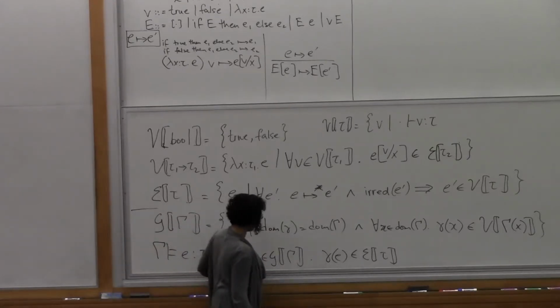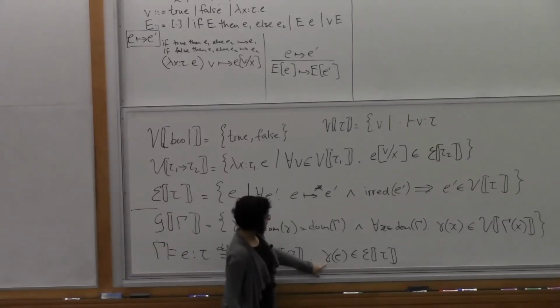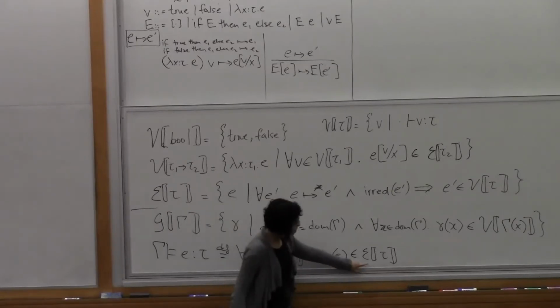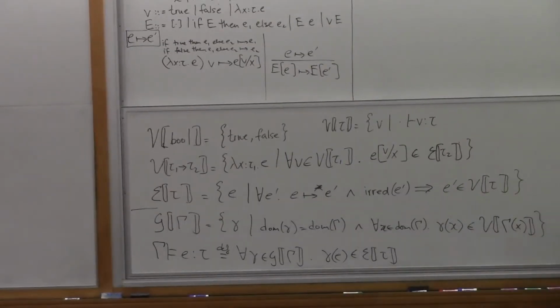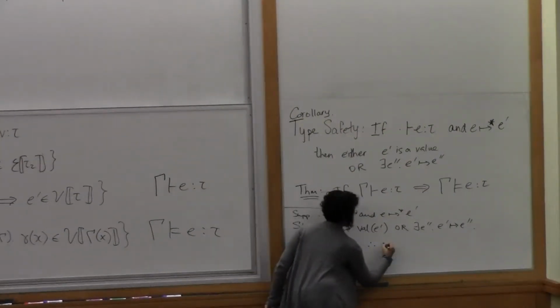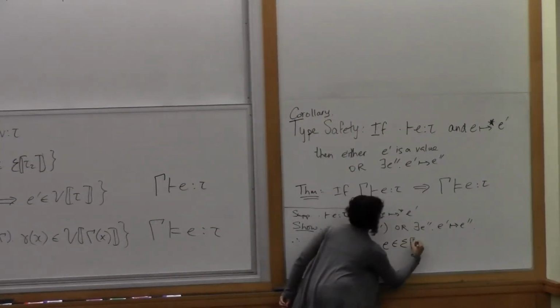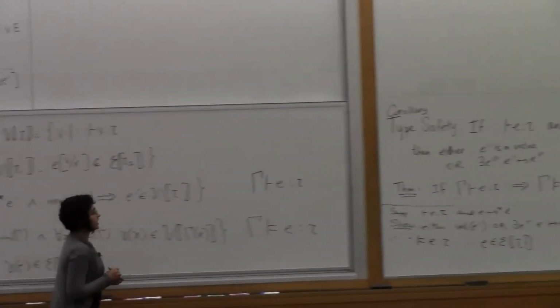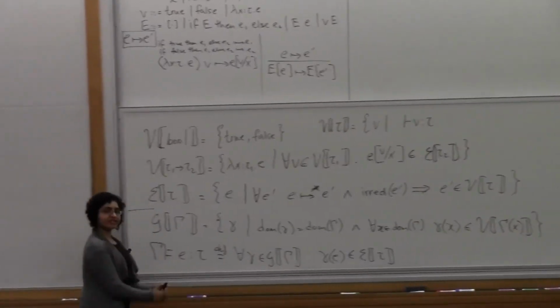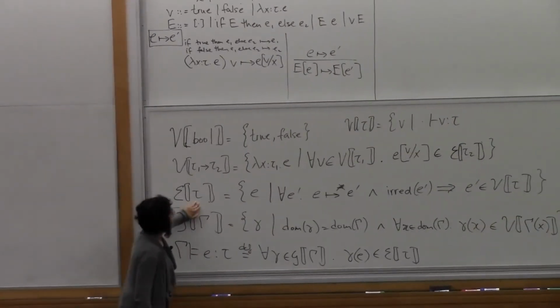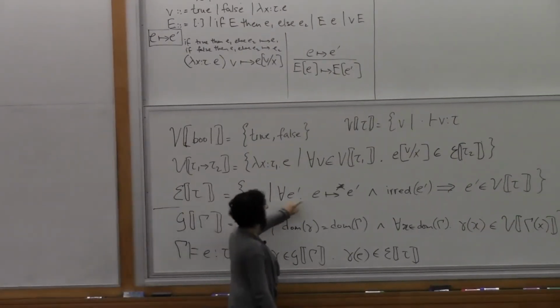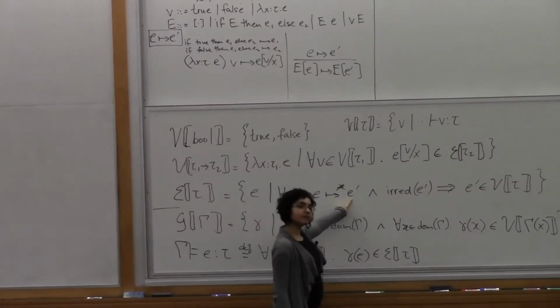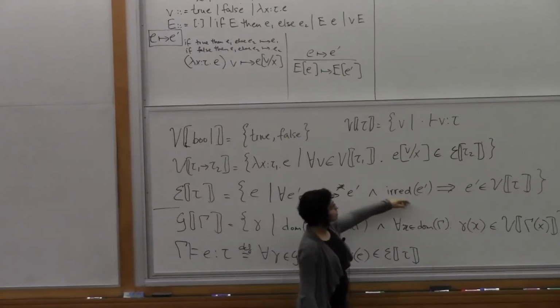So this theorem basically immediately tells us that, gamma being empty, E belongs to E of tau. Okay, let's go look at the definition of that. What does that tell us? That tells us that for all E prime such that E gets to E prime, if it's irreducible, etc.